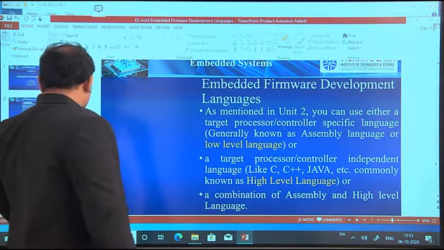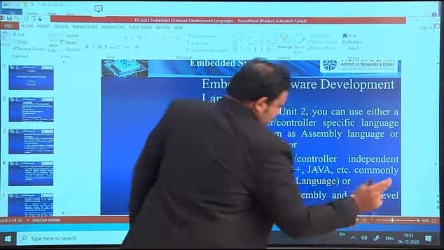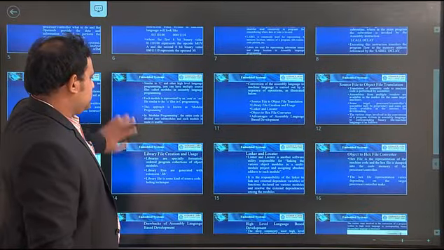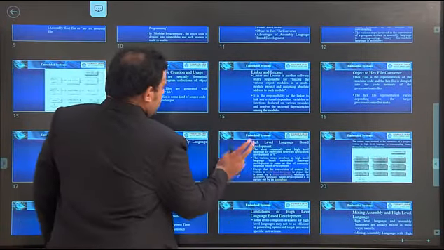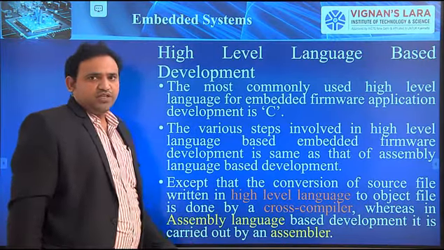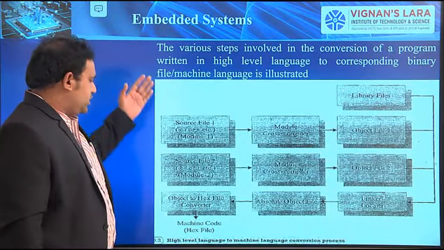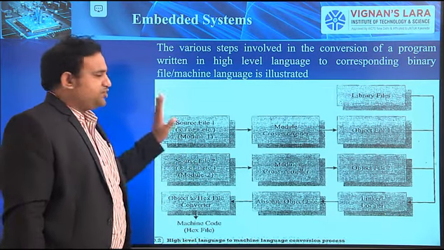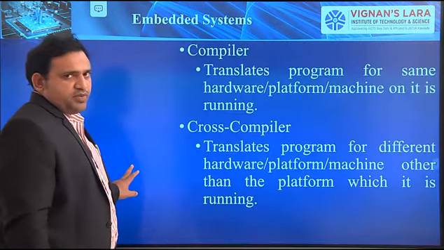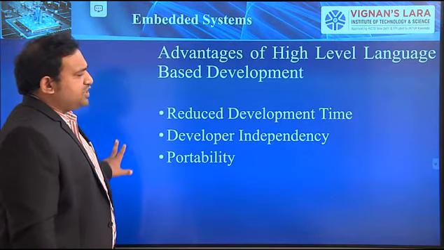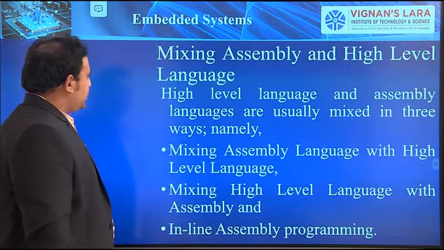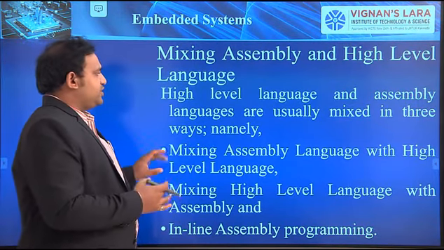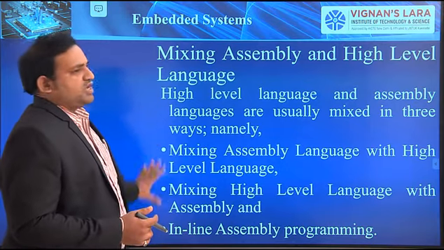In this class we have discussed high level language, the steps to be followed to convert the high level language to the respective machine level code, what is meant by compiler and cross compiler, and the advantages of high level language and their limitations. Next, in the combination of both assembly and high level language, we have three ways.